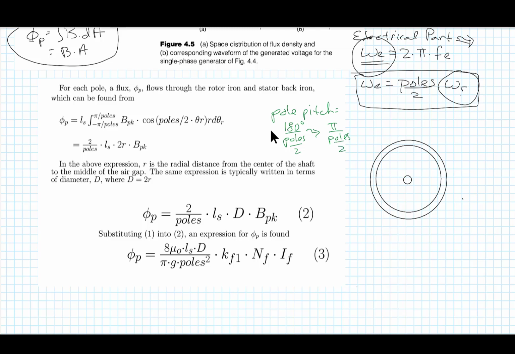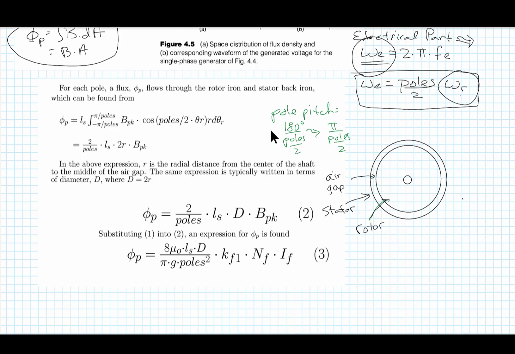So I'm going to look at this little example here that I've drawn ahead of time. And this is your rotor. Let's assume we have a 2-pole machine. This is your stator here. And we've got the air gap in the middle. And it's a uniform air gap.